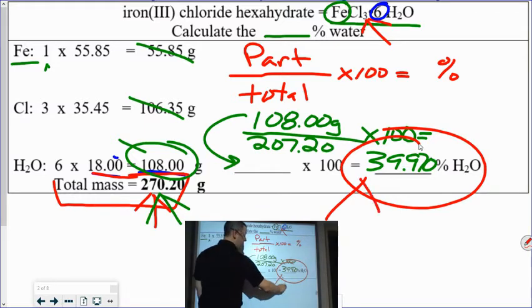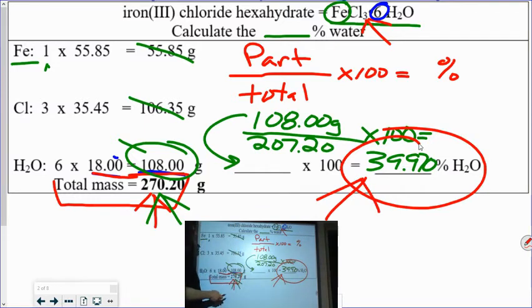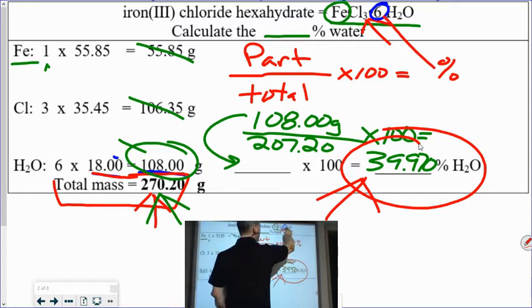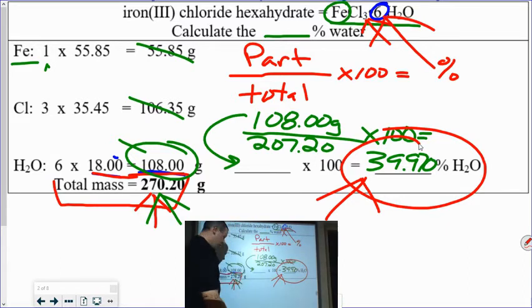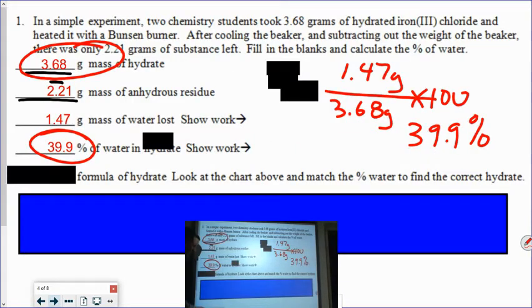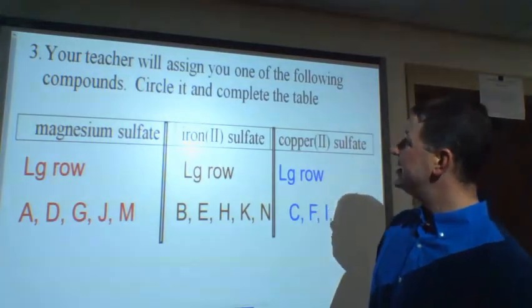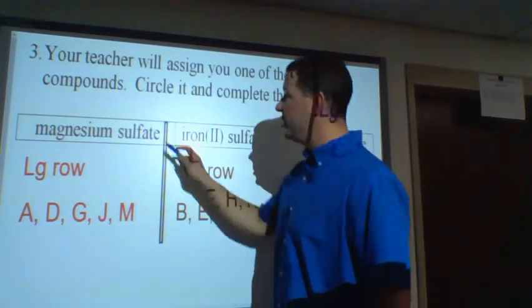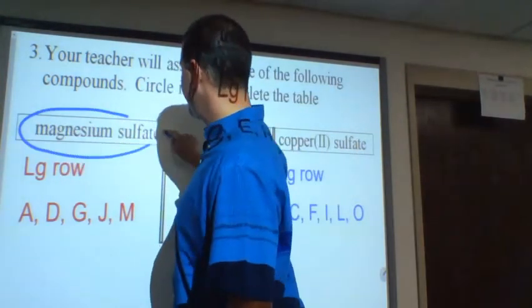This one is much closer to what I just calculated. So in this one, we have 6 H2Os that are in the compound. So we go back to our original information, and we are going to realize that the formula is FeCl3.6H2O.